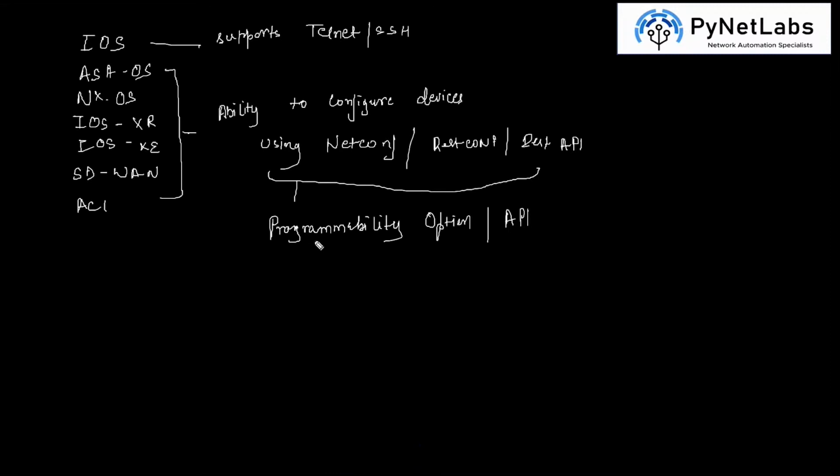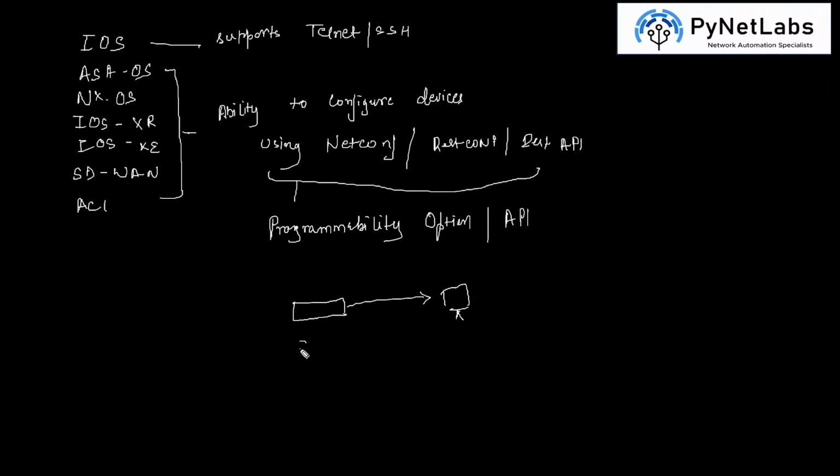So basically, the role of an API is making our human understandable configurations, so the role of an API can be considered as converting the human understandable configurations to PC understandable configurations. I hope you guys are able to understand what I'm trying to say.